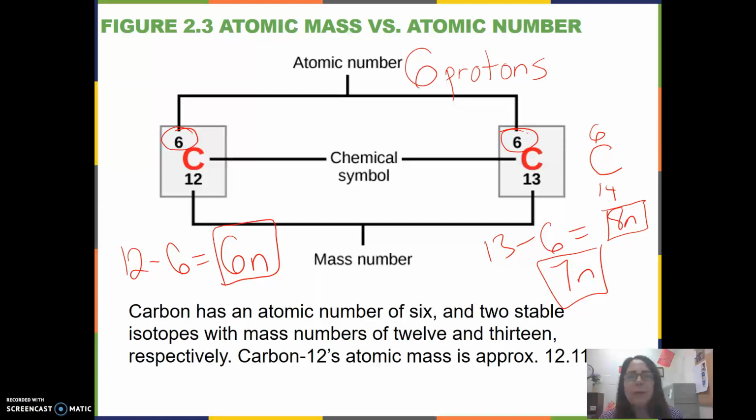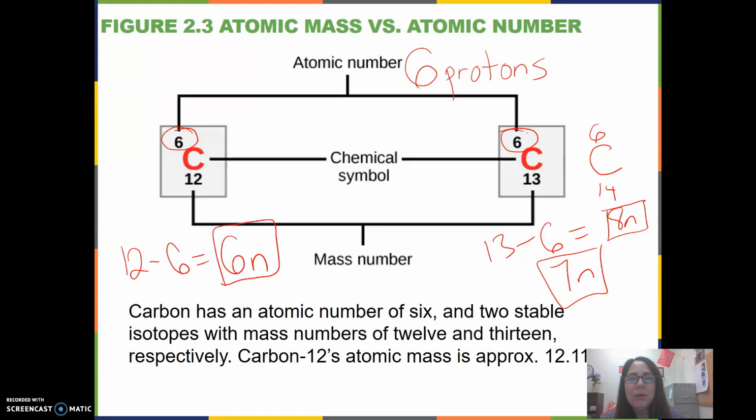So you can see that there are 3 isotopes, and you don't get the atomic mass by just averaging 12, 13, and 14. You actually have to account for the fact that there's more carbon 12 in nature than there is carbon 13 and carbon 14. So you have to average the percentages of each isotope. And luckily, we don't have to worry about that in biology.